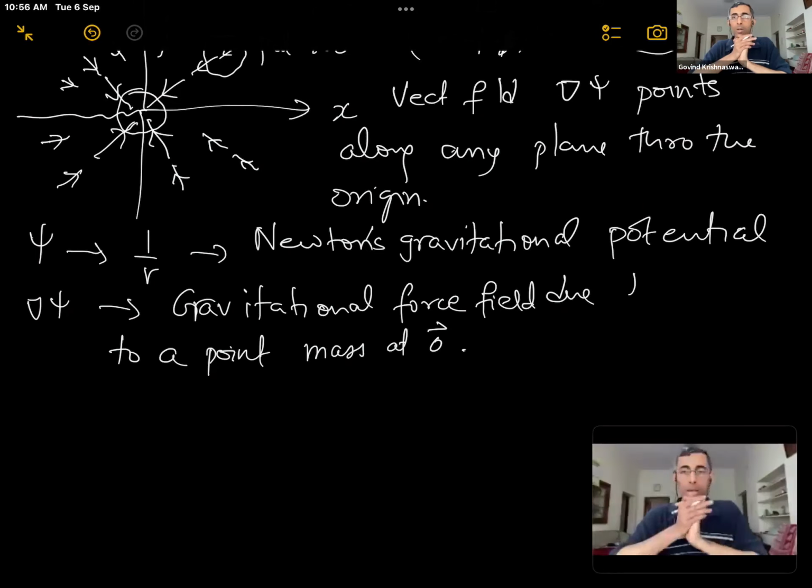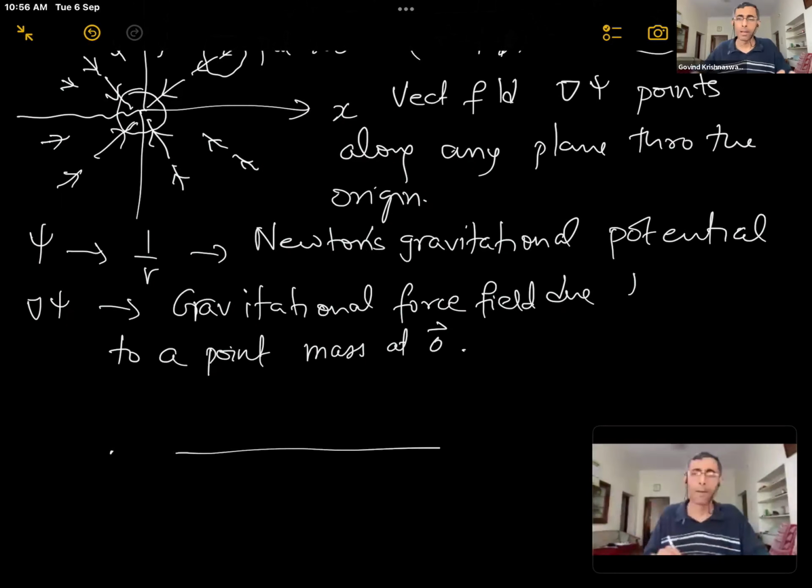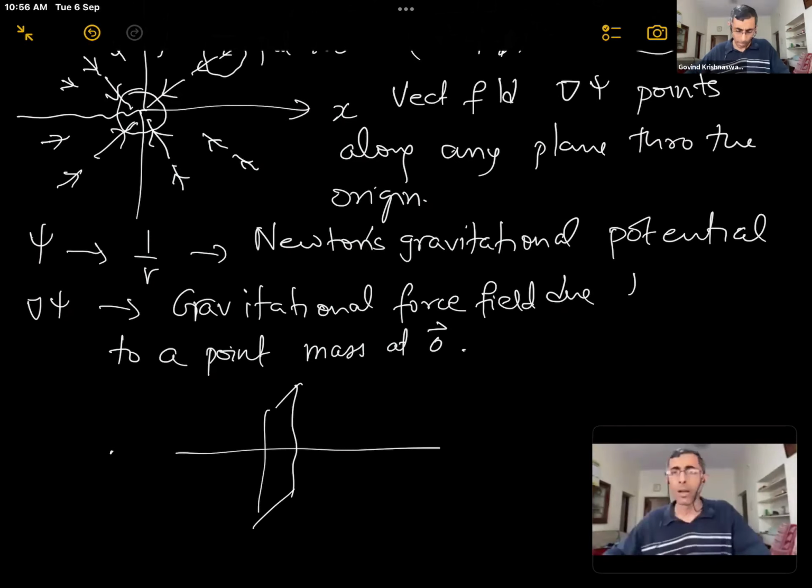Well, that is not quite the case. If it's a line charge, that is charged not at a point but along a line, then the resulting electric force field is only cylindrically symmetric and not spherically symmetric. So things are a little bit different. Of course, if you concentrate on a plane perpendicular to the line charge, you will still have circular symmetry. But I would like to make a distinction. The symmetry of the problem is really different.